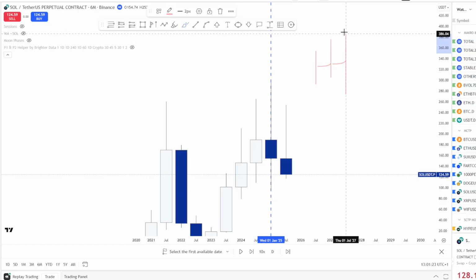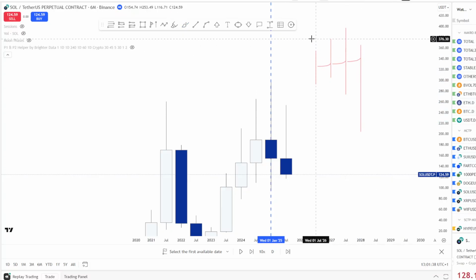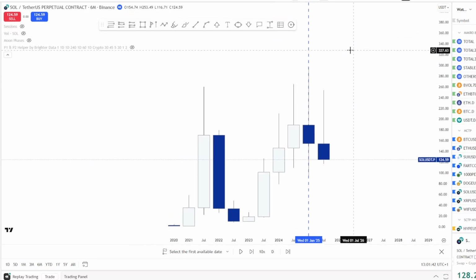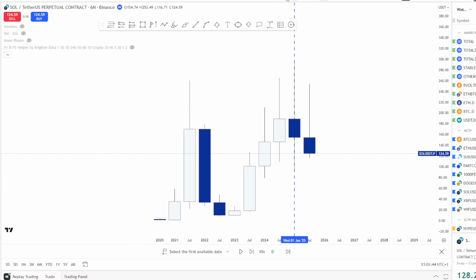Or we can get something like this for a model 1, or a model 1 that flows over into a model 2 and goes down. Yeah, so these are pretty nice topping formations, and I can see on the 6 months this looks pretty clean.